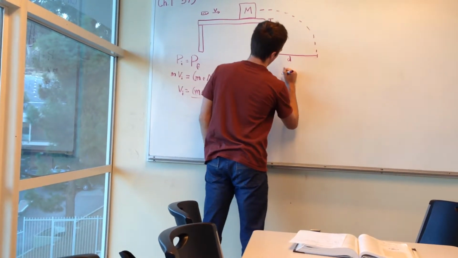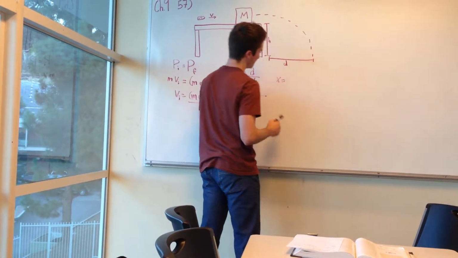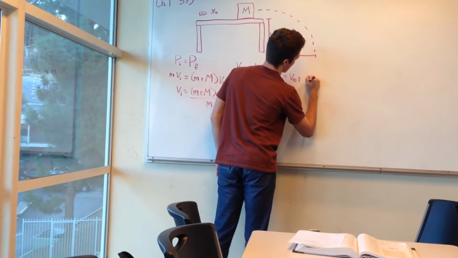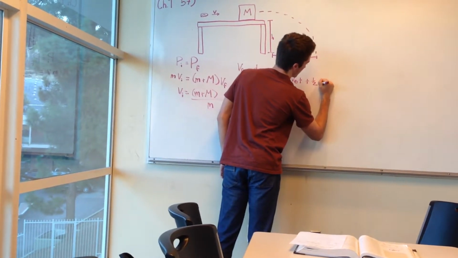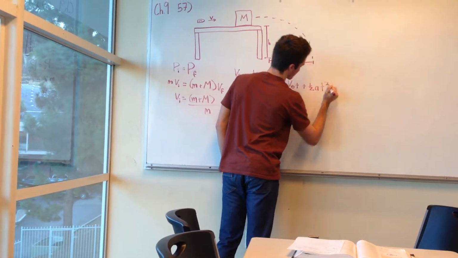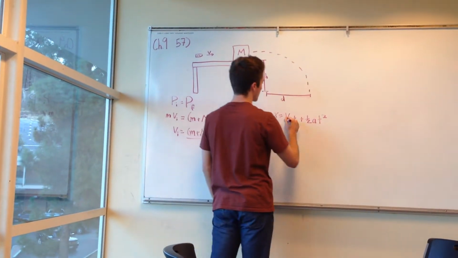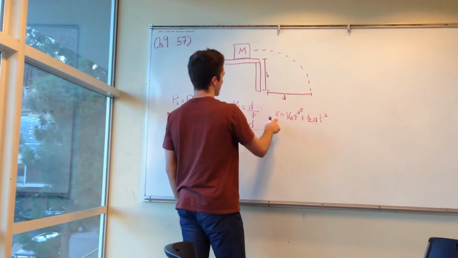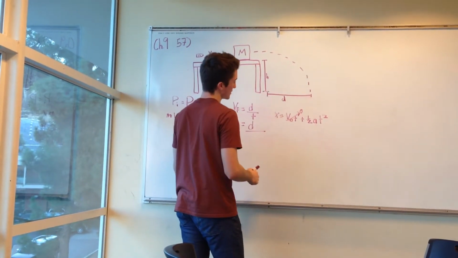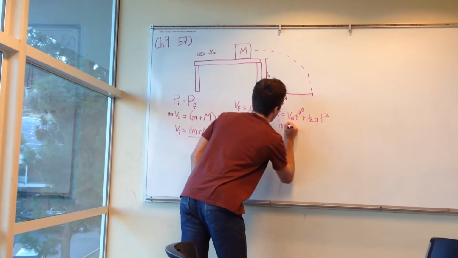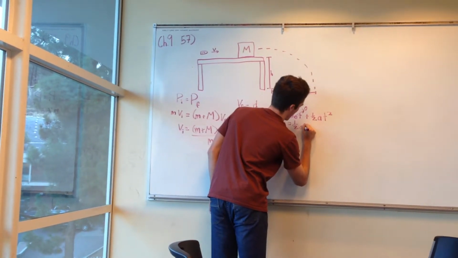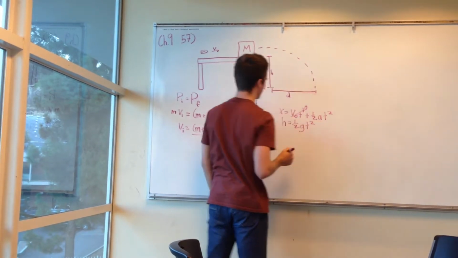So we use the kinematic x equals v naught t plus 1/2 at squared. So there's no initial y velocity. X here, like the displacement, is h, and your acceleration is gravity, so 1/2 gt squared.